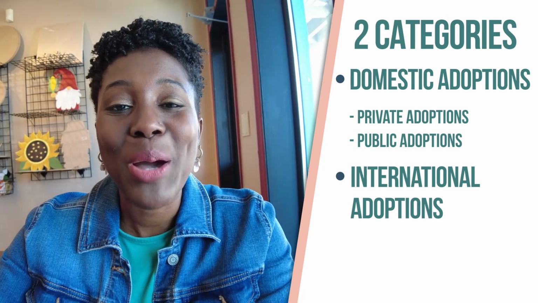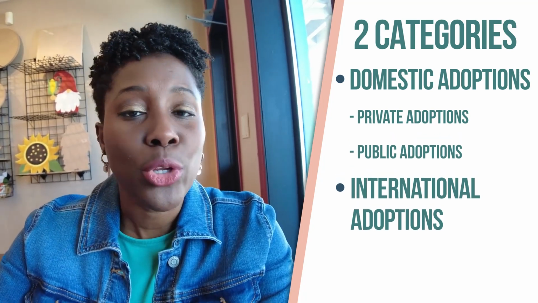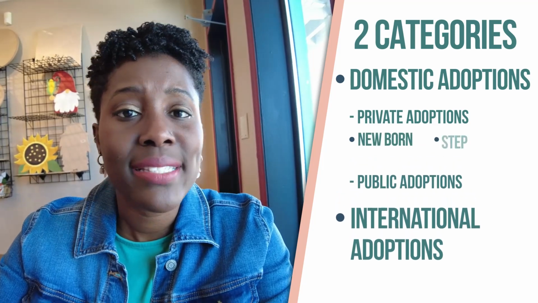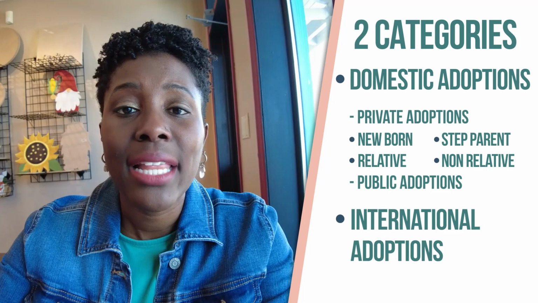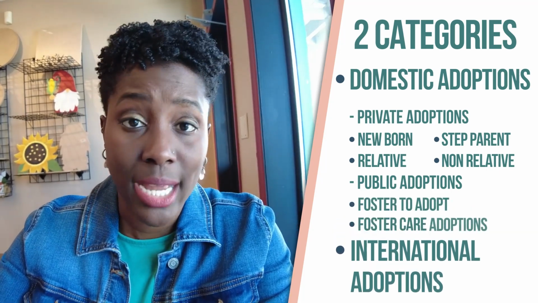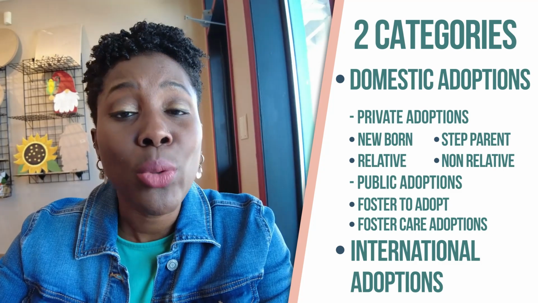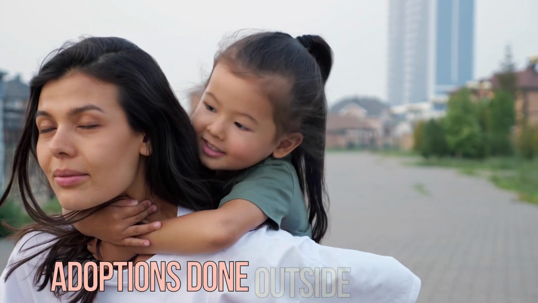Private adoptions can be further broken down into newborn adoption, step-parent adoption, relative adoptions, and non-relative adoptions, and then public adoptions are typically foster to adopt and foster care adoptions, okay? And when you're looking at international adoptions, that basically just means adoptions that you're doing outside of the United States, okay?